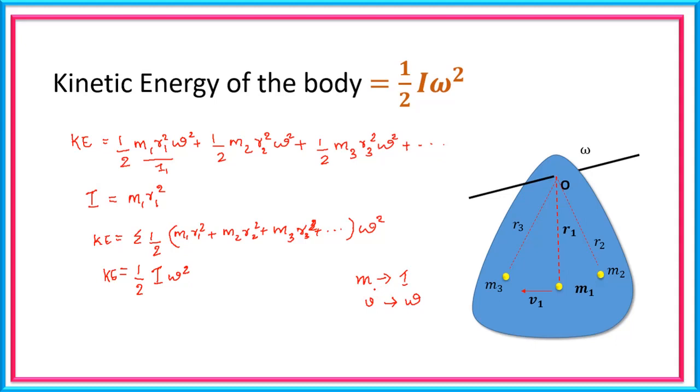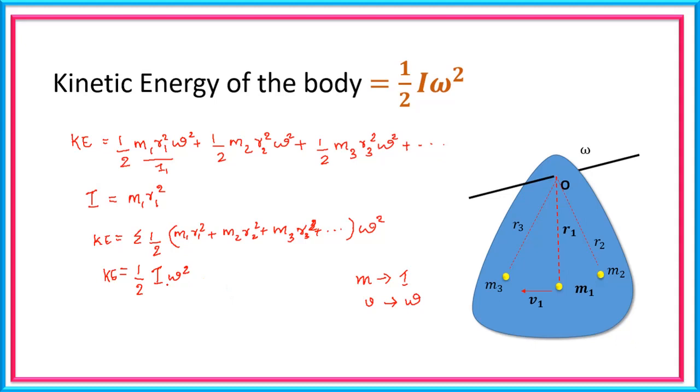The linear inertia is a measure of mass, and the rotational inertia is a measure of moment of inertia, as we have already discussed in our first video. Therefore, moment of inertia is the rotational analogy of the mass, and the rotational velocity omega is a rotational analogy of the linear velocity v.